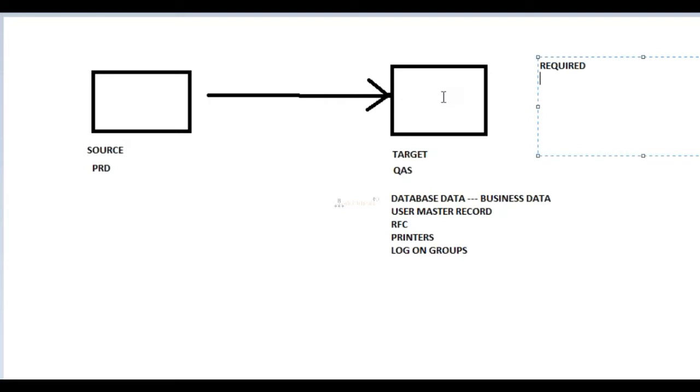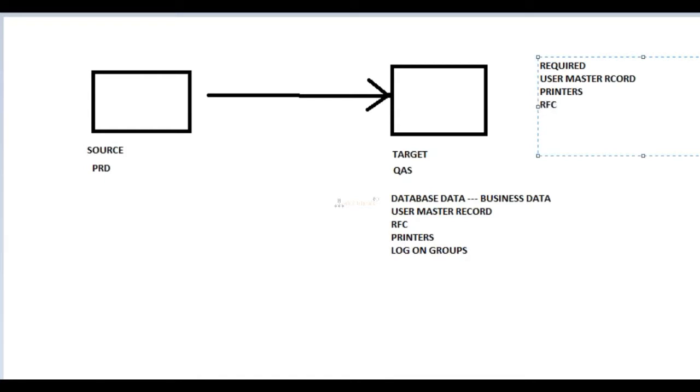So what I require: user master record, and I require whatever printers are configured in the quality system. I require those printers also after refresh, right?